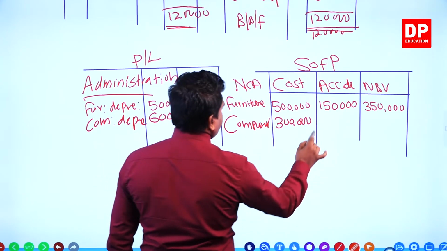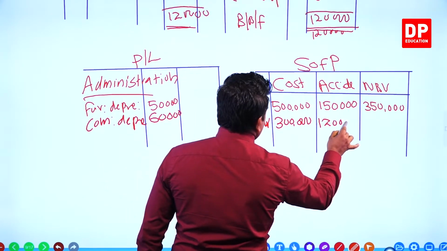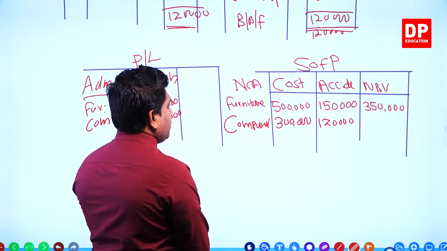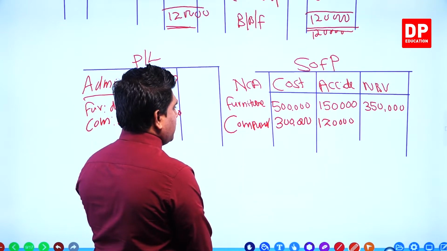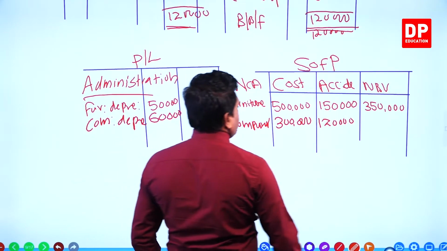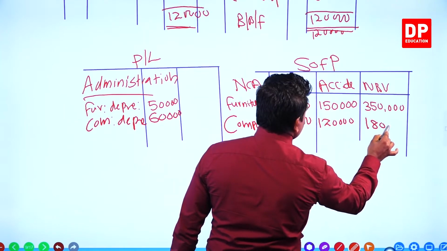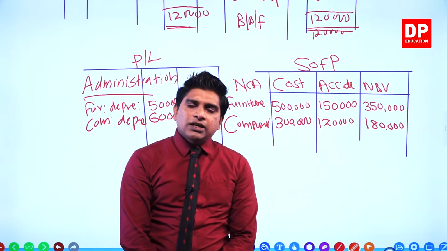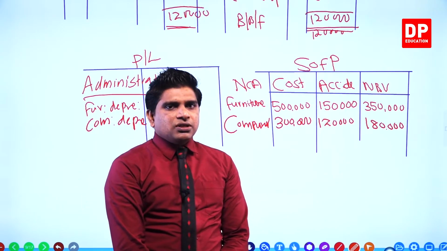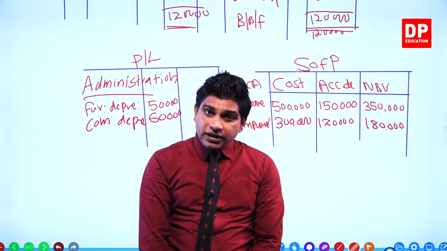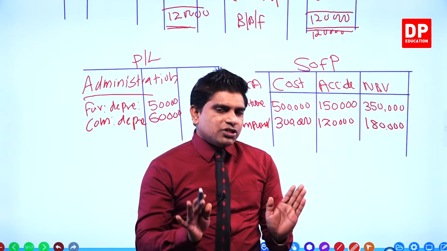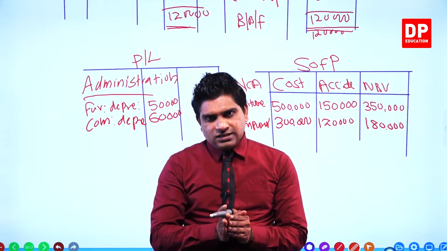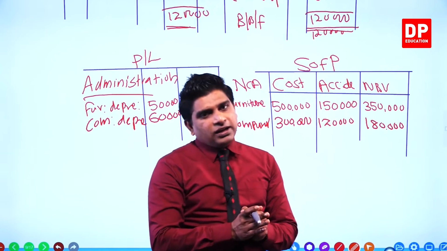How much is the accumulated depreciation? 120,000. Then how much is the net book value? 180,000. Right? This is the way to record depreciation in the profit and loss statement and statement of financial position, and how we record them in the general journal. I think you understood well.